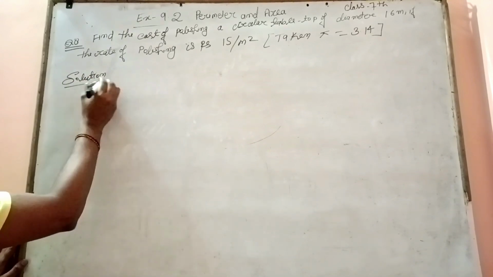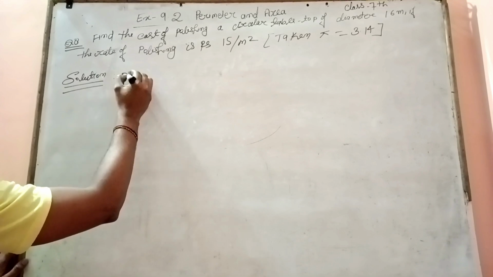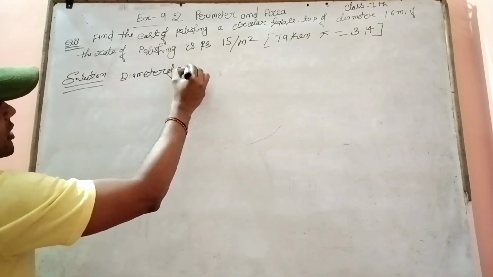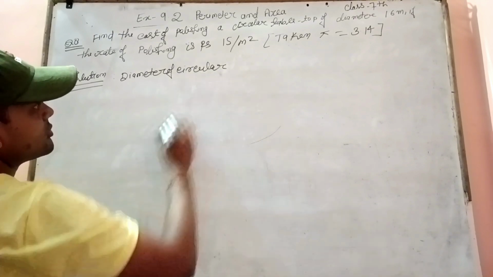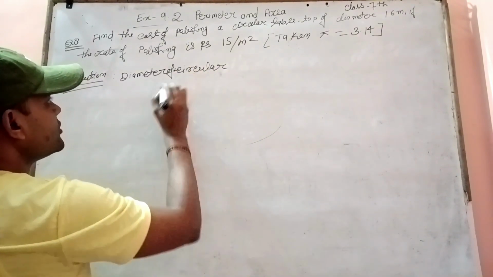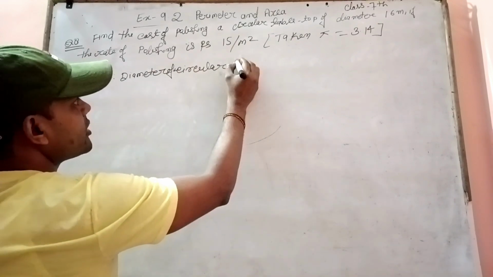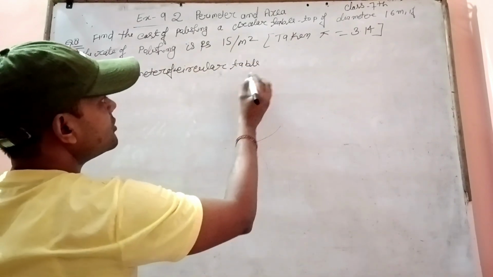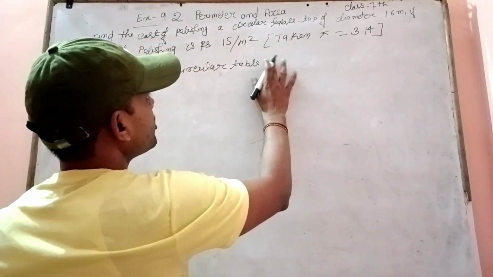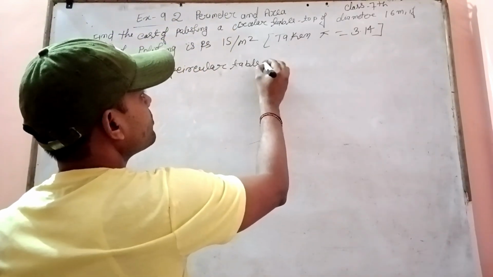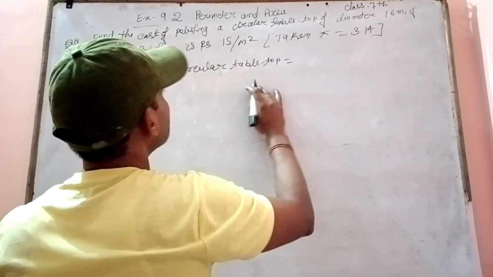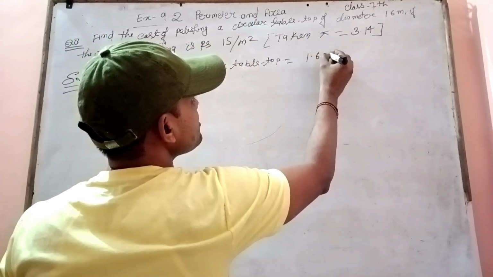Solution: diameter of the circular table top is equal to 1.6 meter.